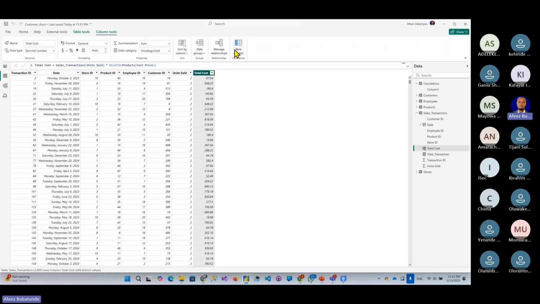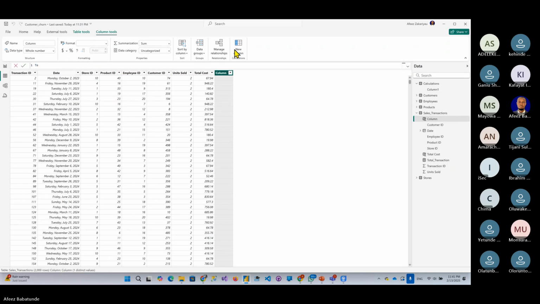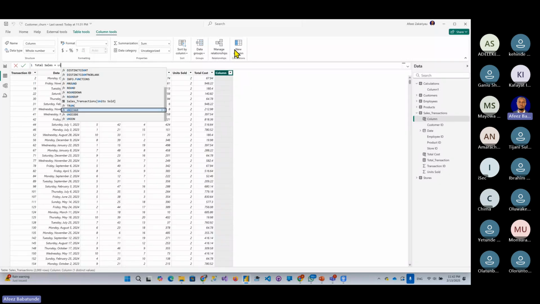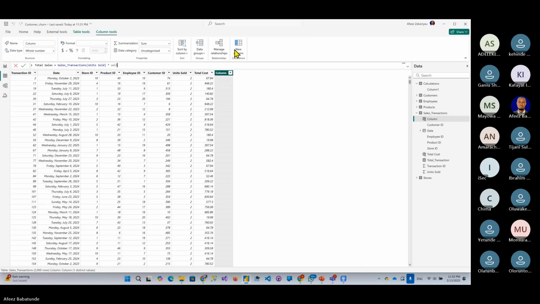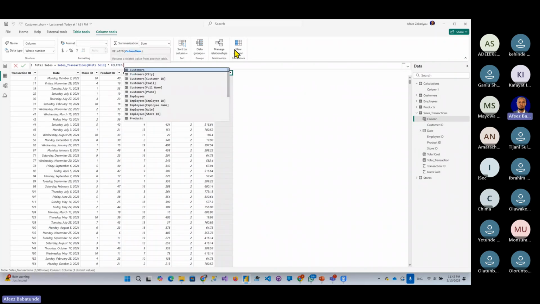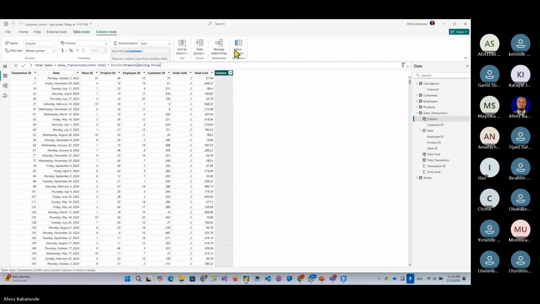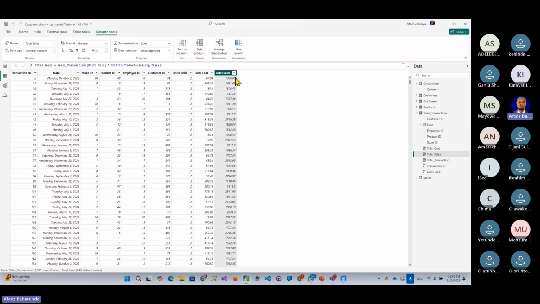Another column, total sales is equals to units sold multiplied by related selling price. So I have this. So now I can get my profit, right?